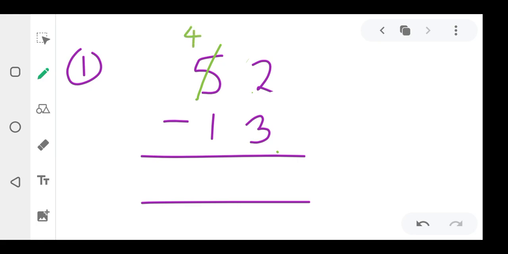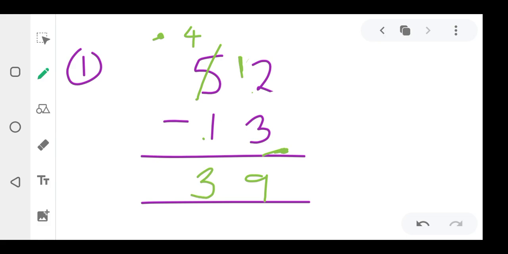Then that 1, you add it to these 2, and 2 will become 12. Then 12 minus 3, what are you going to get? 9. Okay? And then this 4 minus this 1, the answer is 3.